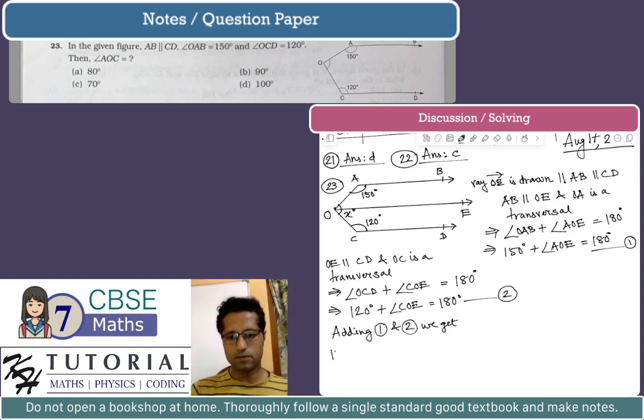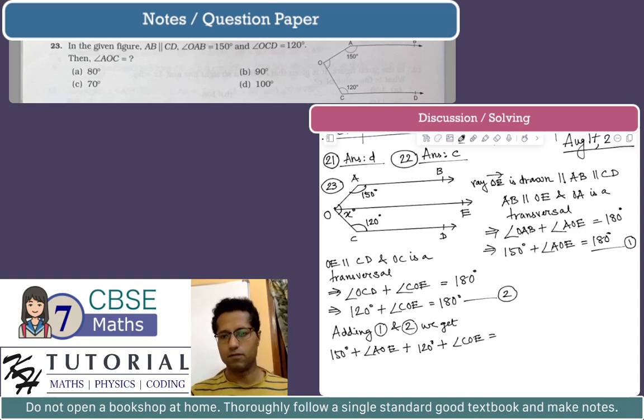That is 150 degrees plus angle AOE plus 120 degrees plus angle COE is equal to the sum of the individual right hand sides, that is 180 degrees plus 180 degrees, which is equal to 360 degrees. If we simplify the LHS, 150 degrees plus 120 degrees is 270 degrees.